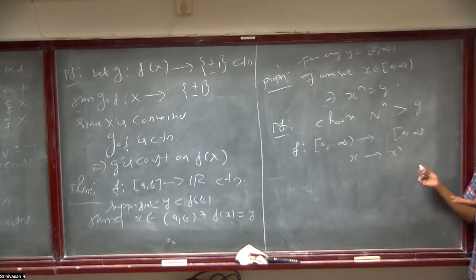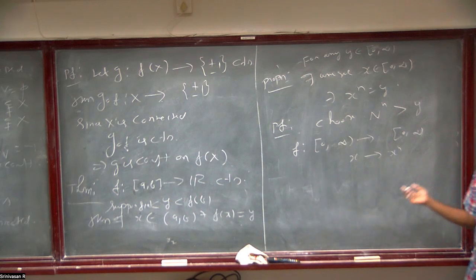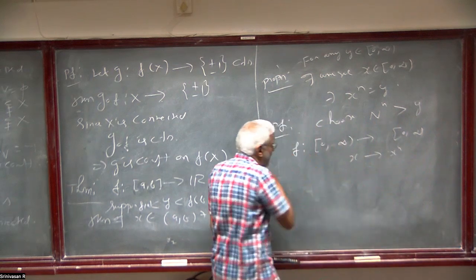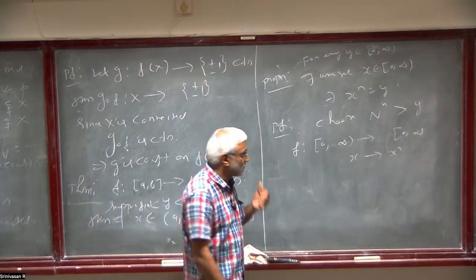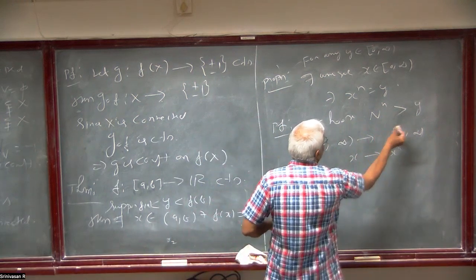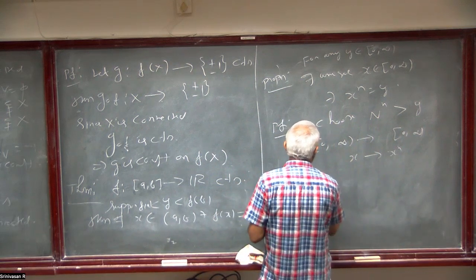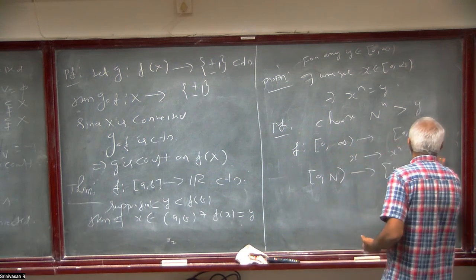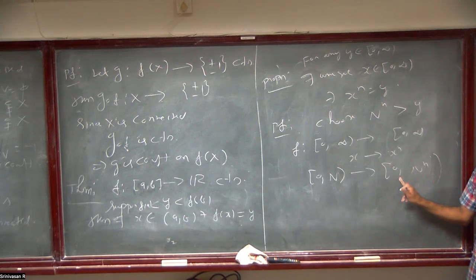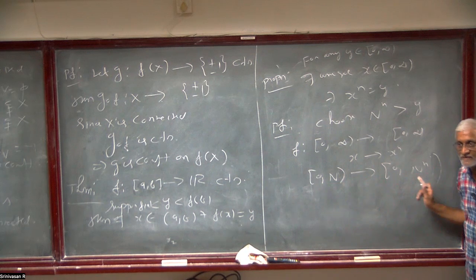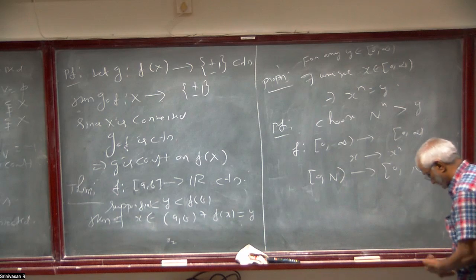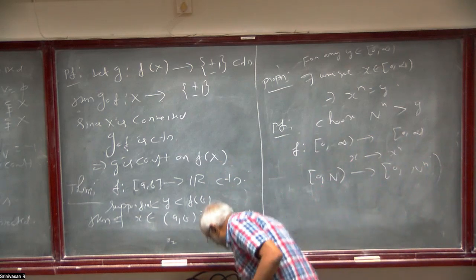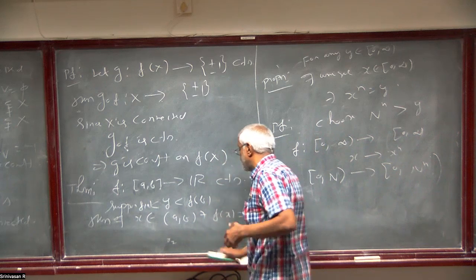It follows from the basics: x is continuous, and you multiply n times, that's also continuous. But for the nth root, we need this. If you take the interval from 0 to n to the power n, you have y in between them, so there exists a unique x which takes the value y. There are many things you can prove using the intermediate value theorem.